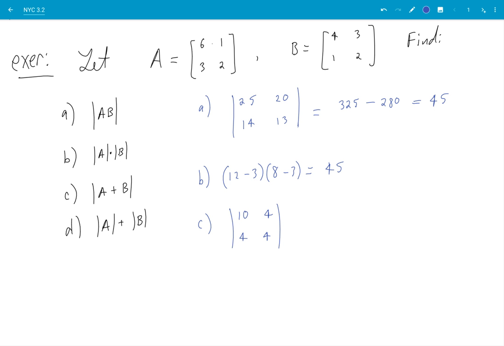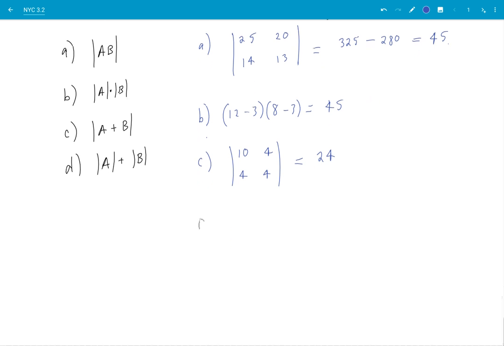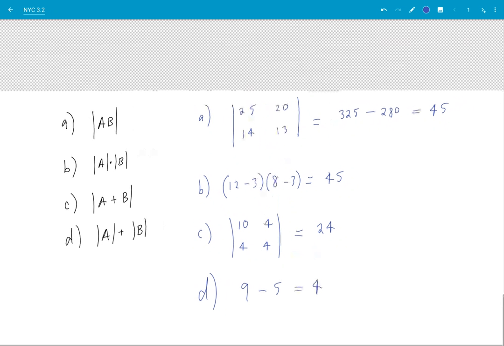Okay. 40 minus 16 is 24. And then D, what do I get? 9 minus 5, which is 4. All right.